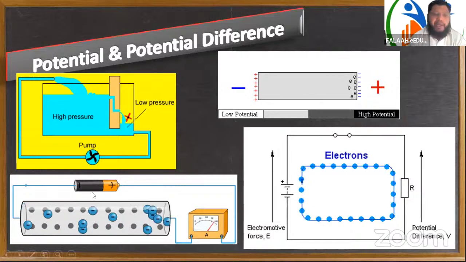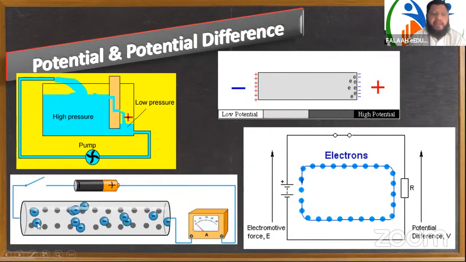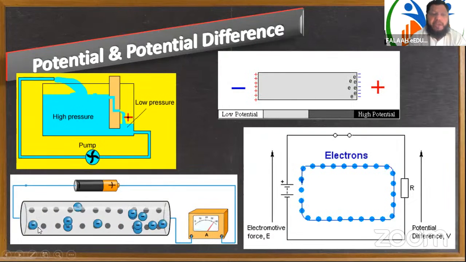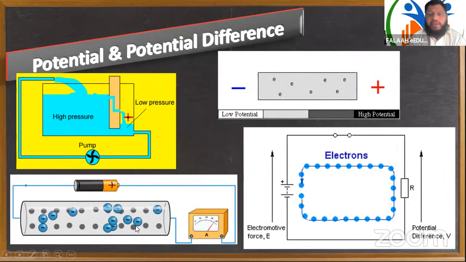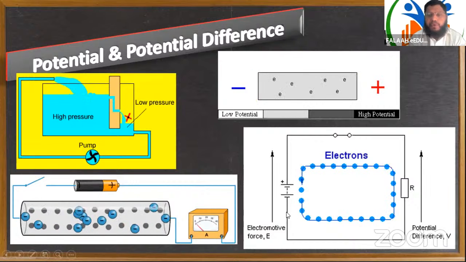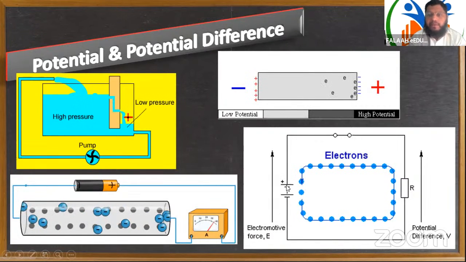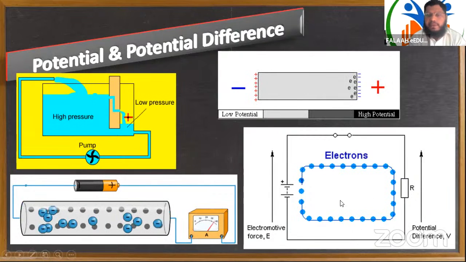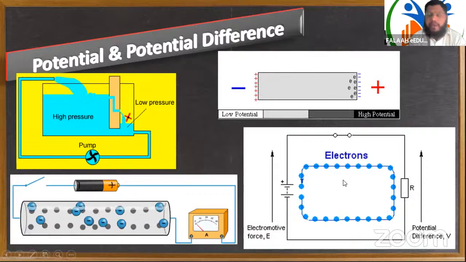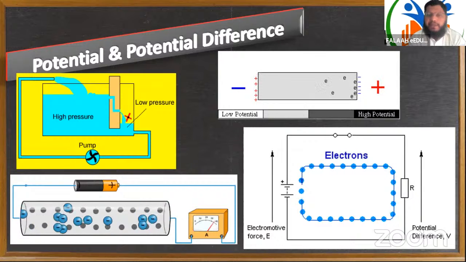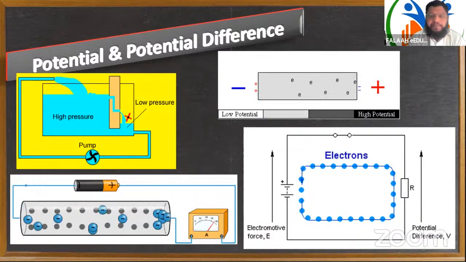And if we apply the potential difference, then they move in a uniform direction from the negative charge to the positive charge, and conventionally current flows from positive to negative. In this circuit you can understand that the flow of electrons is from negative to positive, and the flow of current is from positive to negative.